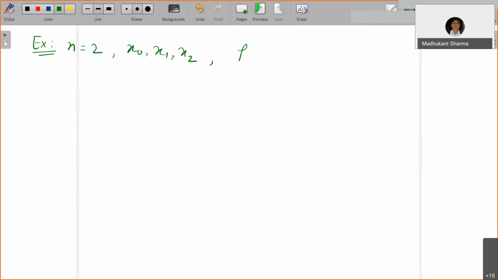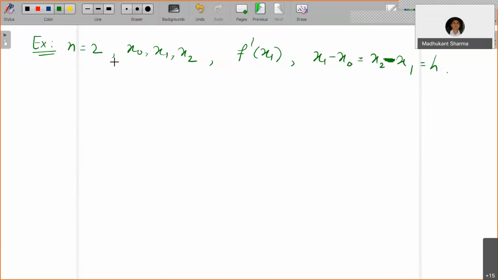So we want to estimate f dash at x1. Further, let's say they are uniformly spaced, meaning x1 minus x0 equals x2 minus x1, which equals some h. All these are available to us, and we wish to estimate f dash of x1.